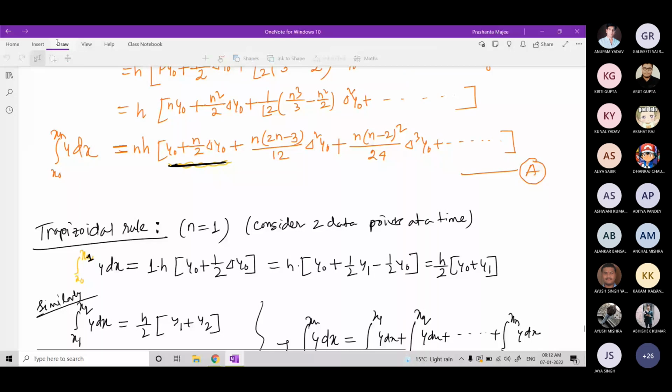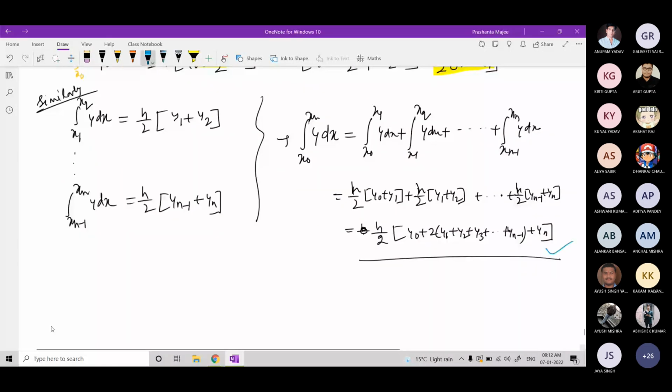Okay, so this is the polynomial which will be passing through the 2 points x0, y0 and x1, y1. And then we integrate that. So we got the area, the value of the integration from x0 to x1 of y dx, that was h by 2 times y0 plus y1, and the same will be for the remaining subintervals, and at the end we end up with this formula. It was the trapezoidal rule.